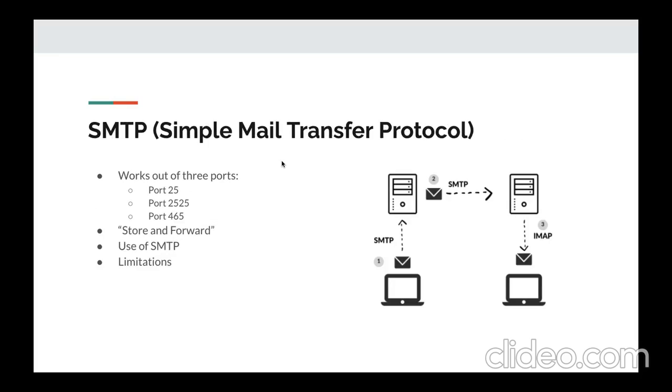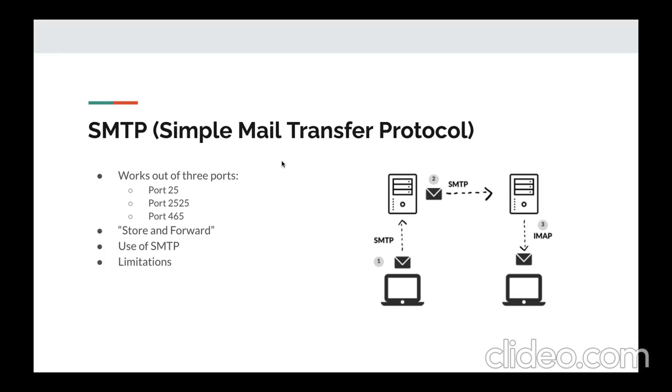Alright, moving on now, we have SMTP, otherwise known as the Simple Mail Transfer Protocol. This is basically the standard protocol for sending emails across the internet. By default, the SMTP protocol works out of 3 ports. The first one is port 25, which is the default SMTP non-encrypted port.